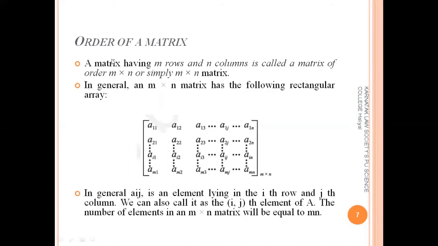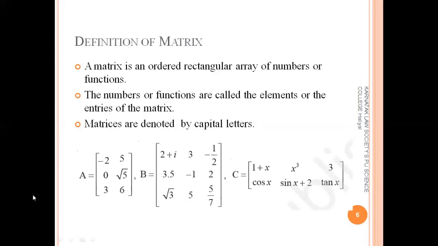Next, order of a matrix. A matrix having m rows and n columns is called a matrix of order m by n, or an m by n matrix. Don't read it as m cross n. We have to read it as m by n matrix. By using the previous examples, we will find the order of these matrices. First example, that is A. Here there are 3 rows and 2 columns.